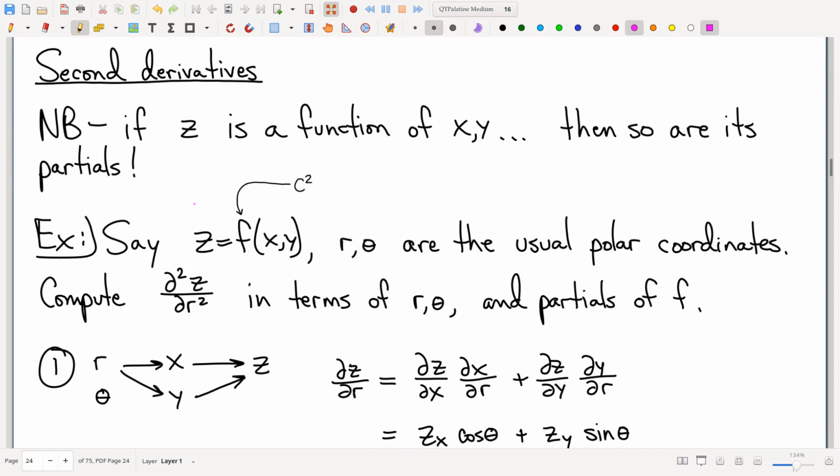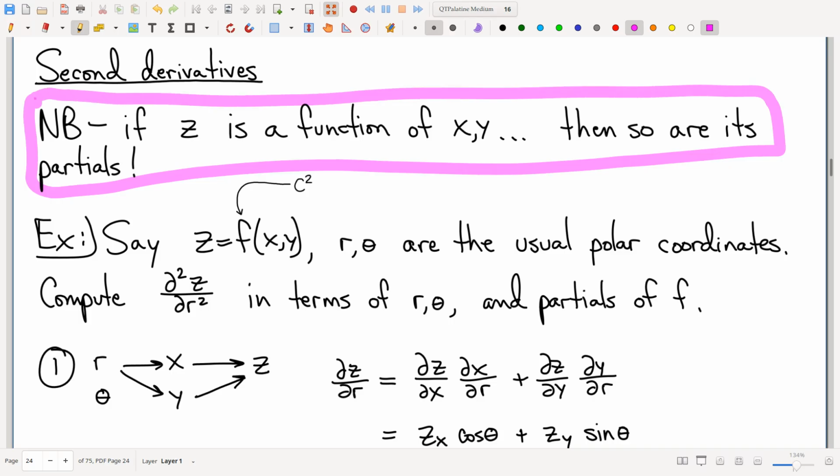Okay, so let's talk about second derivatives. It's ultimately just taking derivatives of derivatives. It's ultimately not that big a deal. But there is a key observation that's going to make all the difference. And here it is. How this key observation makes all the difference we'll talk about in a second.